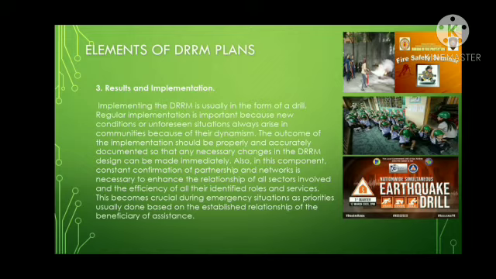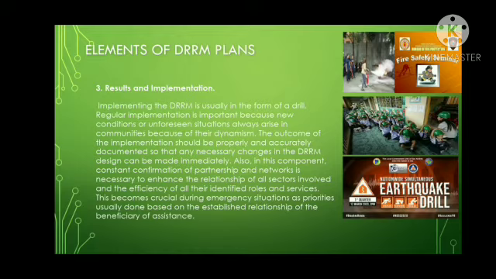Next, we have the results and implementation. Implementing the DRRM is usually in the form of a drill. Regular implementation is important because new conditions or unforeseen situations always arise in communities because of their dynamism. The outcome of the implementation should be properly and accurately documented so that any necessary changes in the DRRM design can be made immediately.